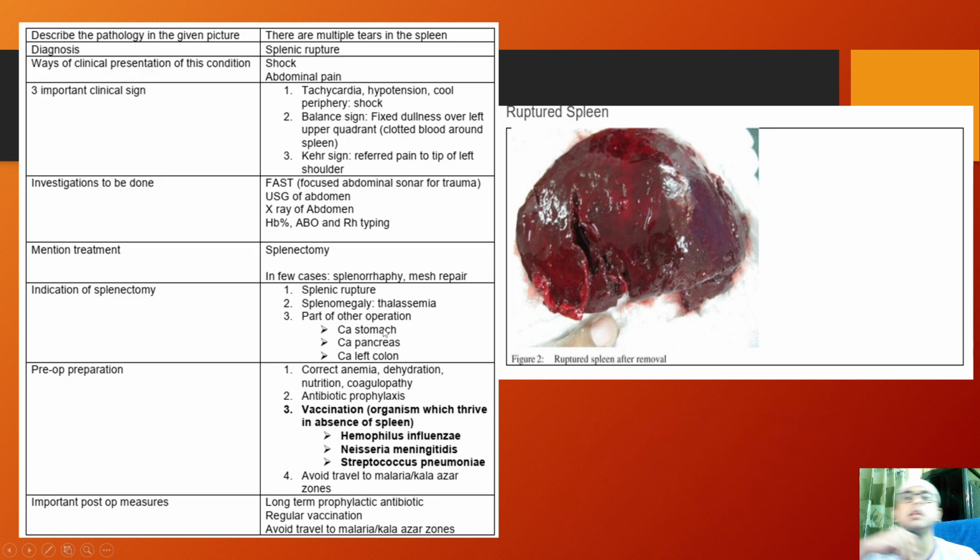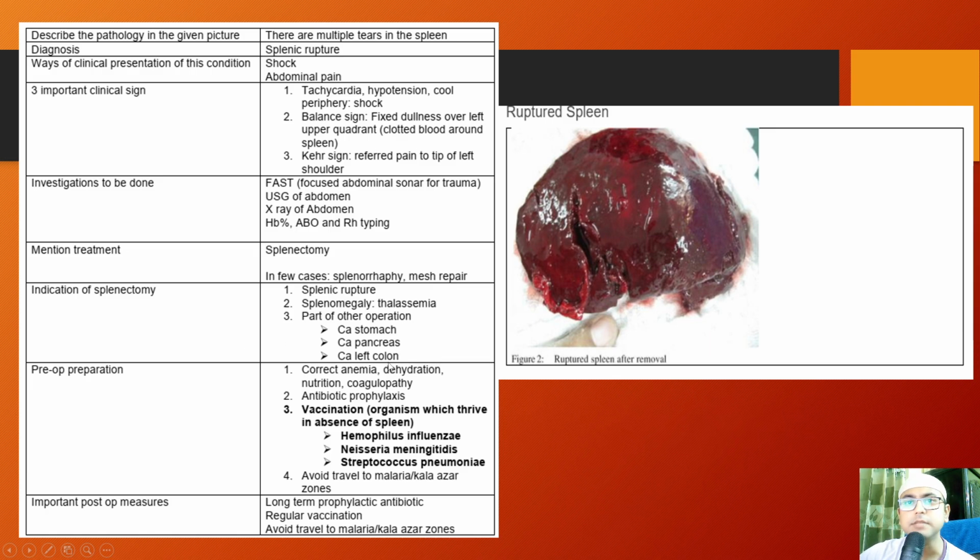Because in these operations, the spleen may lie close to these 3 structures: stomach, pancreas, and left colon. So during dissection, sometimes the spleen can be ruptured. So en bloc resection can be done during gastrectomy or left hemicolectomy, sometimes with the tail of the pancreas.